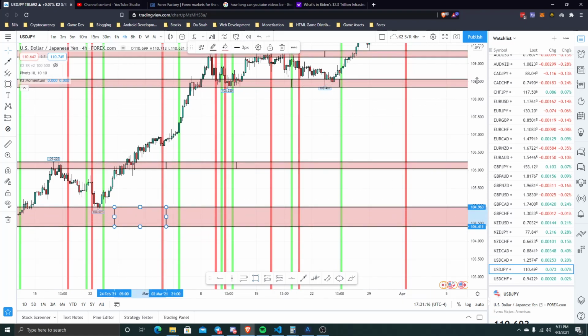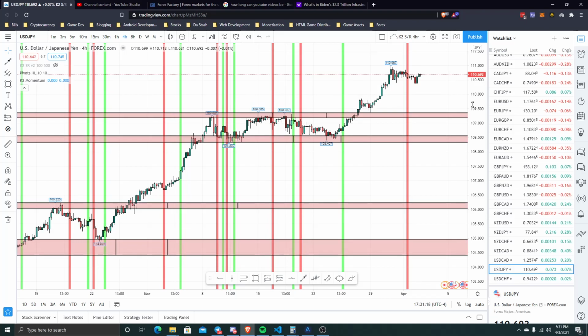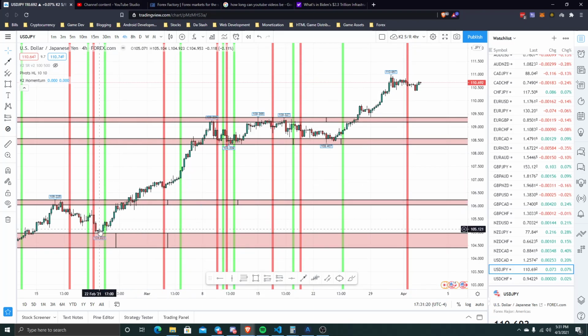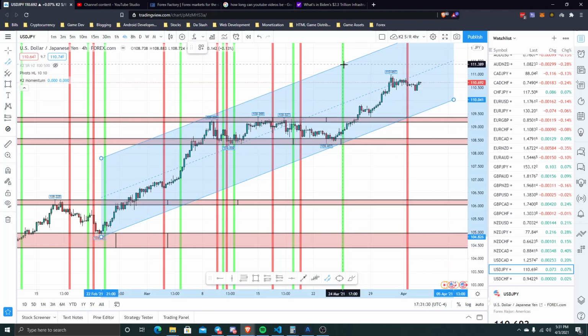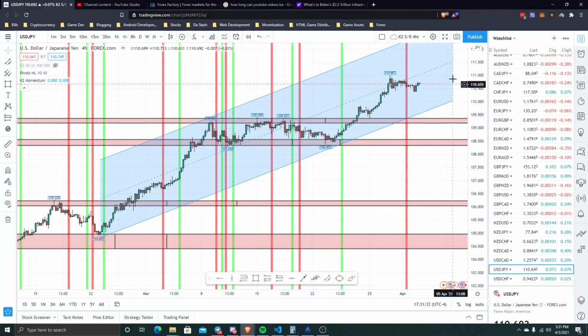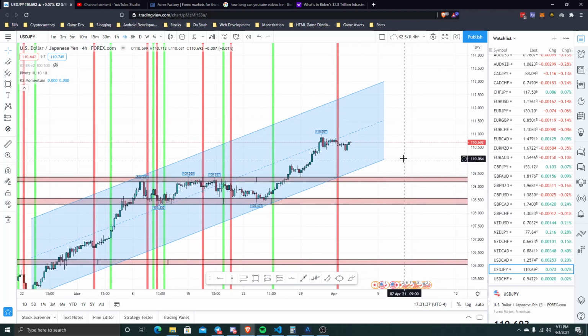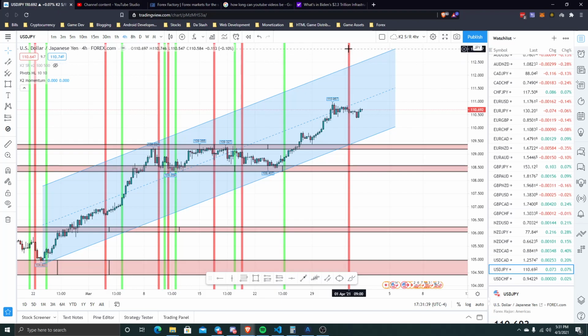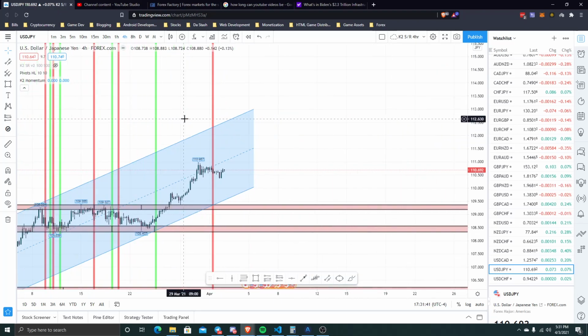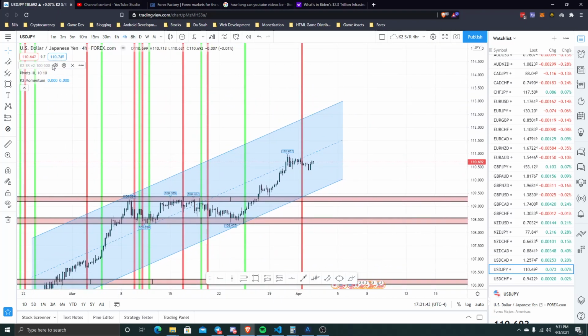All right, so like I said, the JPY has been really weak lately. Actually, for a while now. USD JPY has just been going in this constant uptrend since February. And even though there's a bearish bias, I don't think it's going to stay in this bias for too long. Let me see where the next zone is.